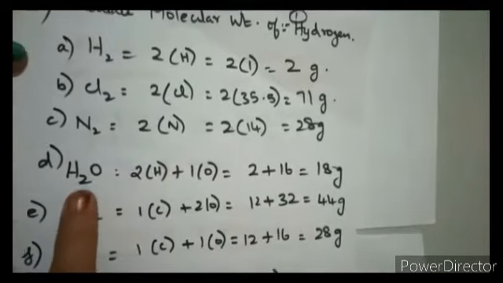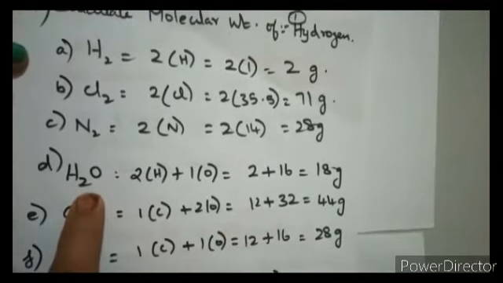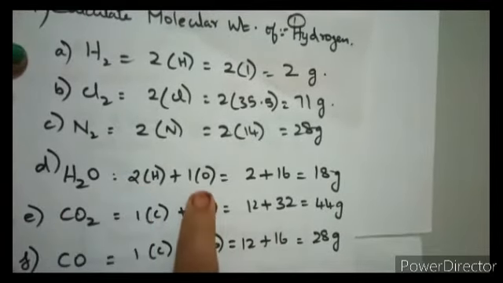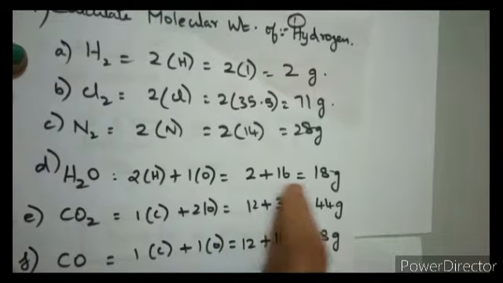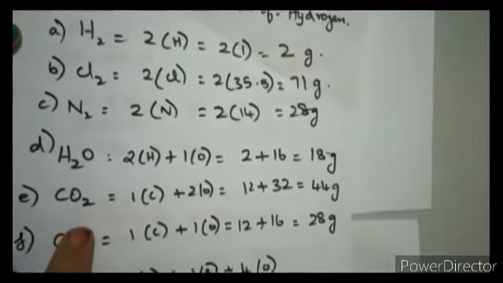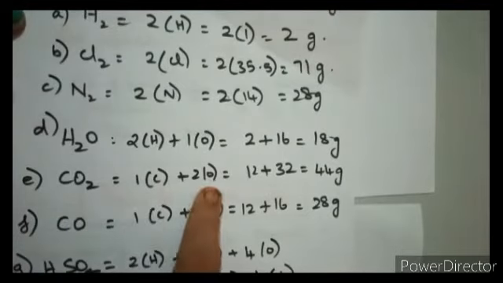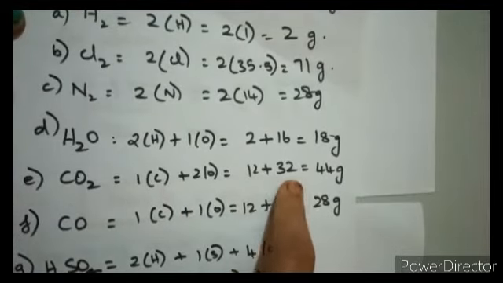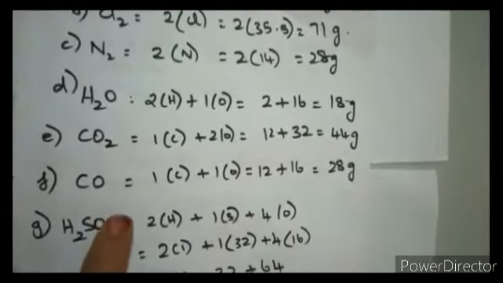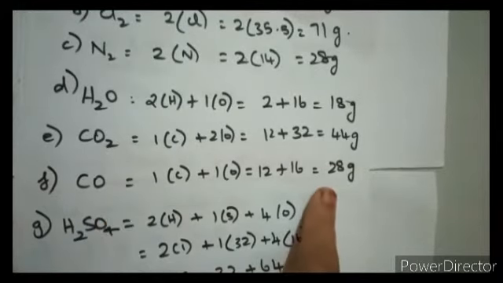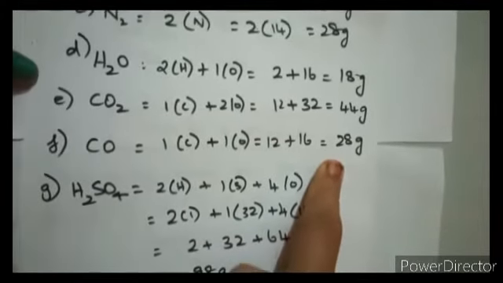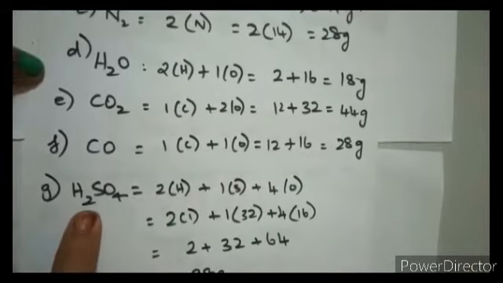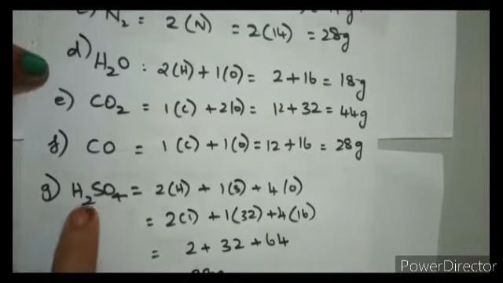Let us come to a triatomic molecule, water. 2 hydrogen and 1 oxygen, so 2 plus 16 is 18 grams. Carbon dioxide, 1 carbon and 2 oxygen, so 12 and 32 makes up to 44. Carbon monoxide is 28 grams. Let us consider the polyatomic molecule, sulfuric acid, H2SO4.